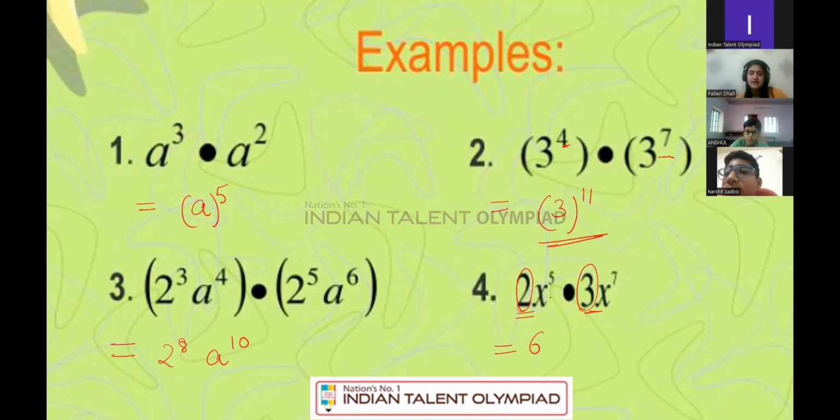We will write 6. Now, can you see x and x here? Right, so we will write x here. What is the exponent of x here in this one? 5, and this is 7. So here the bases are the same, what are we going to do? The exponential form will be 12. Yes, 5 plus 7. Are we good here?